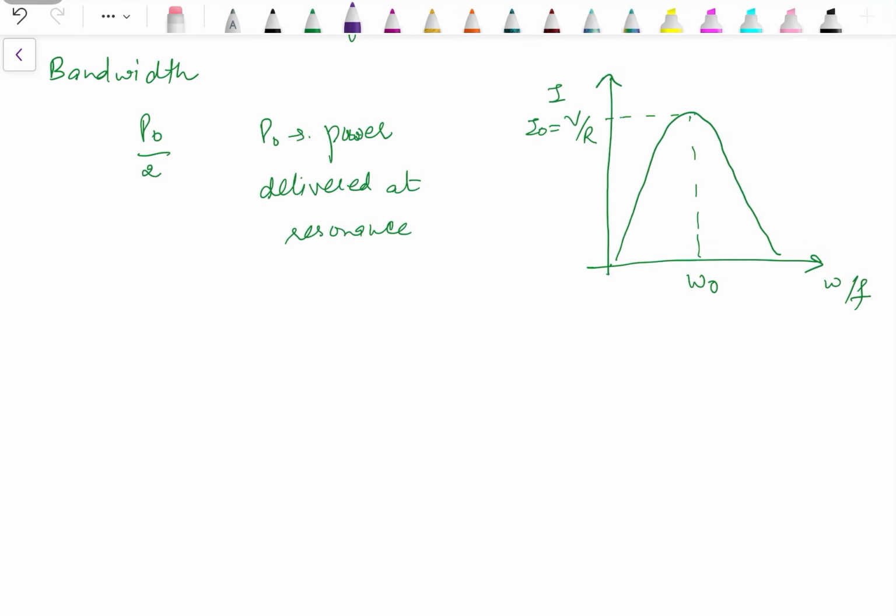So we can say these are the two frequencies. This one is denoted by omega 1, and this by omega 2.